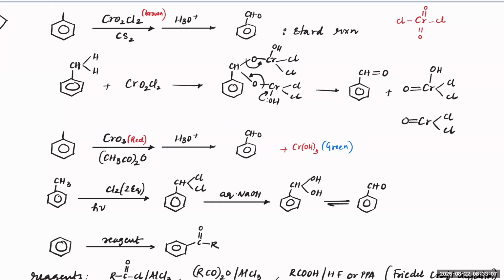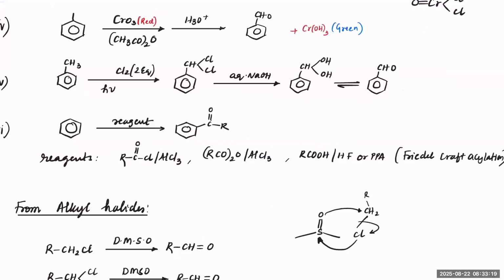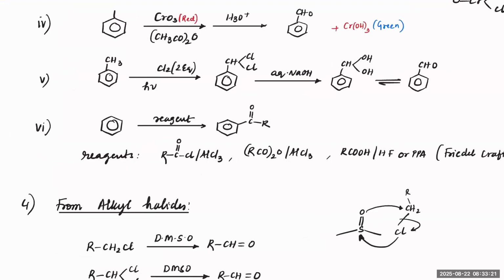Thereafter, on hydrolysis, it will convert into aldehyde, and chromium will convert into this green color solution. Clear? I mean green PPT here.